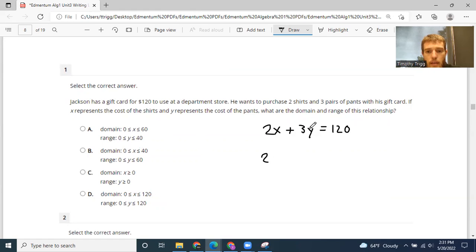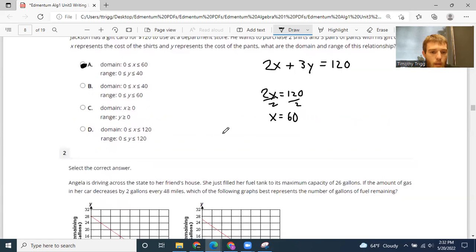Well, then Y would be 0. So 2x equals 120. If he only buys shirts here, then x equals 60 because I'm dividing by 2. So the x value is between 0 and 60. So that must be this one here.